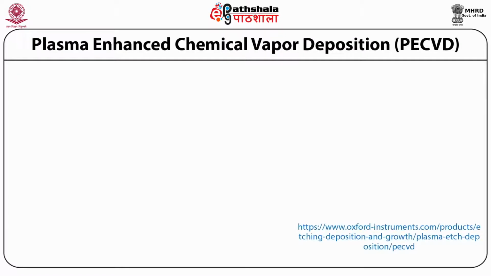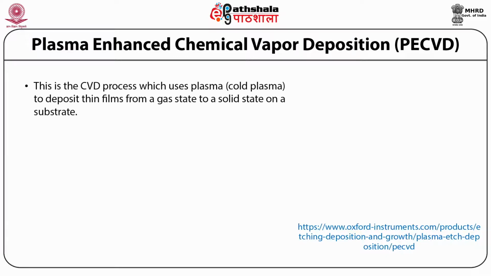Plasma enhanced chemical vapor deposition technique, that is PECVD. This is the CVD process which uses plasma to deposit thin films from a gas state to a solid state on a substrate. Here the reaction involved in this process occurs after the creation of plasma of the reacting gases.